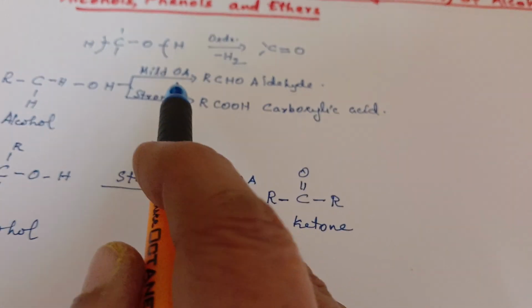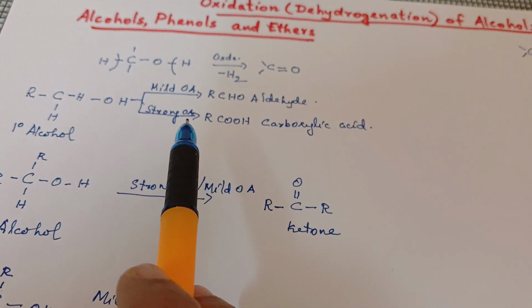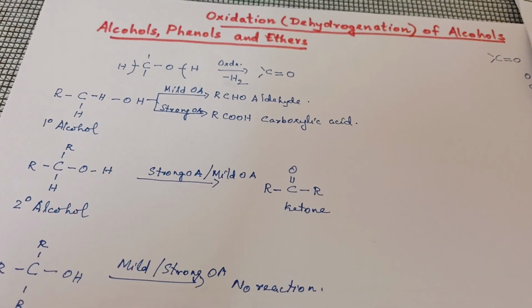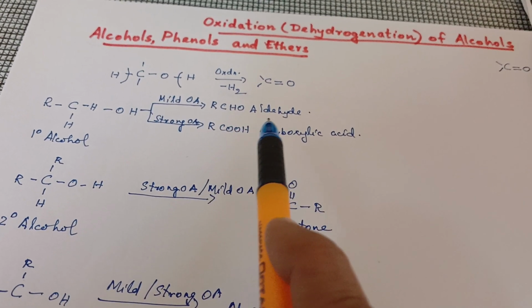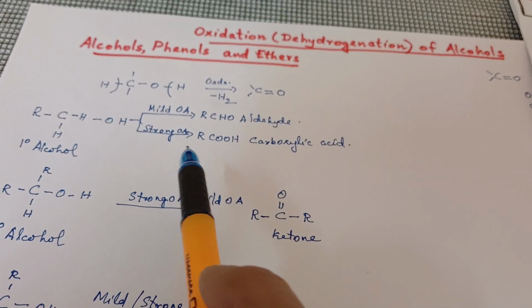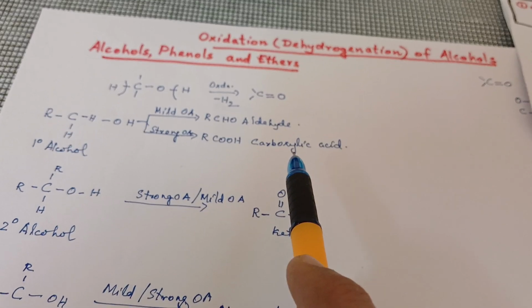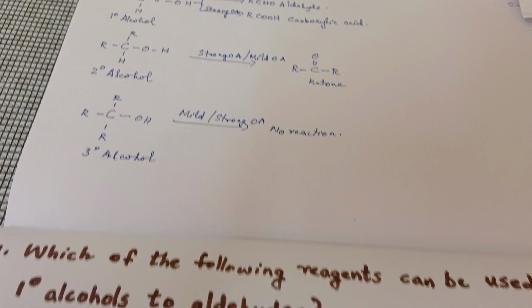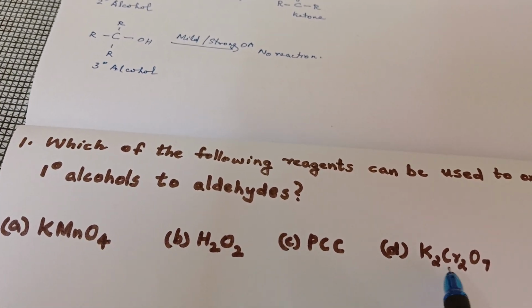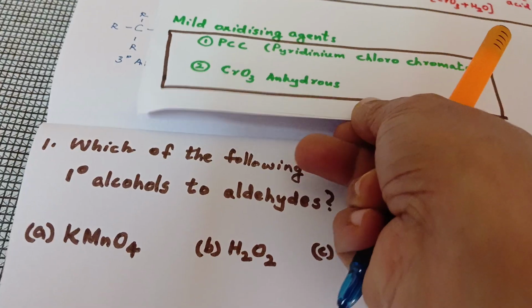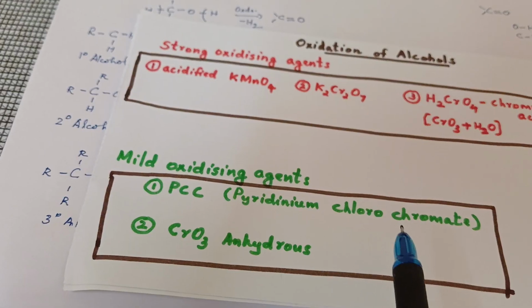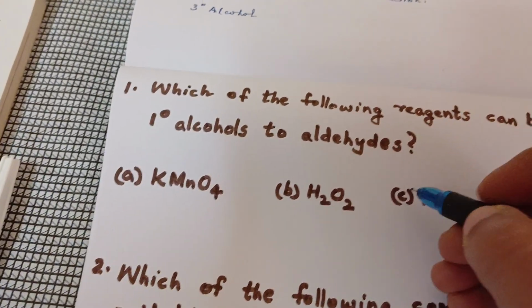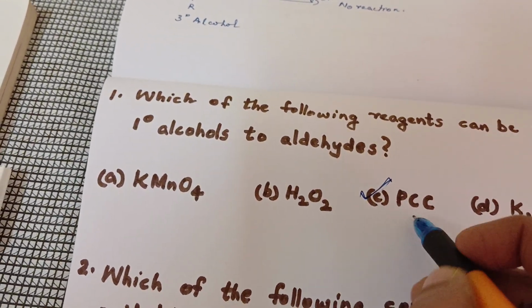If we use a mild oxidizing agent. Primary alcohol on treating with a mild oxidizing agent will give you an aldehyde. If you use a strong oxidizing agent, you will be getting a carboxylic acid. So which of these is a mild oxidizing agent? You can see PCC, pyridinium chlorochromate, is a mild oxidizing agent. So our option C will be the correct choice, PCC.